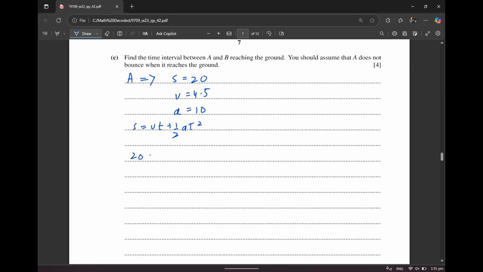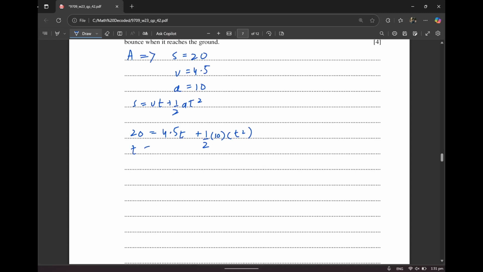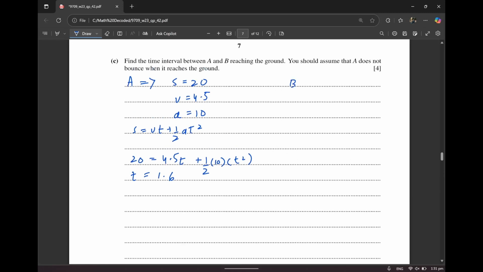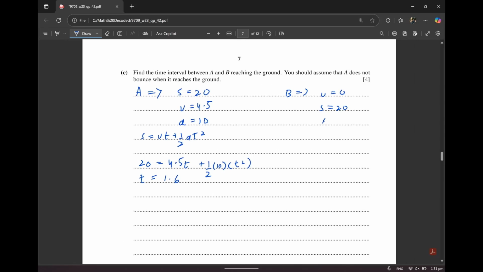S is 20. U is going to be 4.5 t plus half a t squared, with a being 10. That's going to give me t as 1.6. Next, we'll talk about B. B has a u of 0, S equals 20, acceleration equals 10.